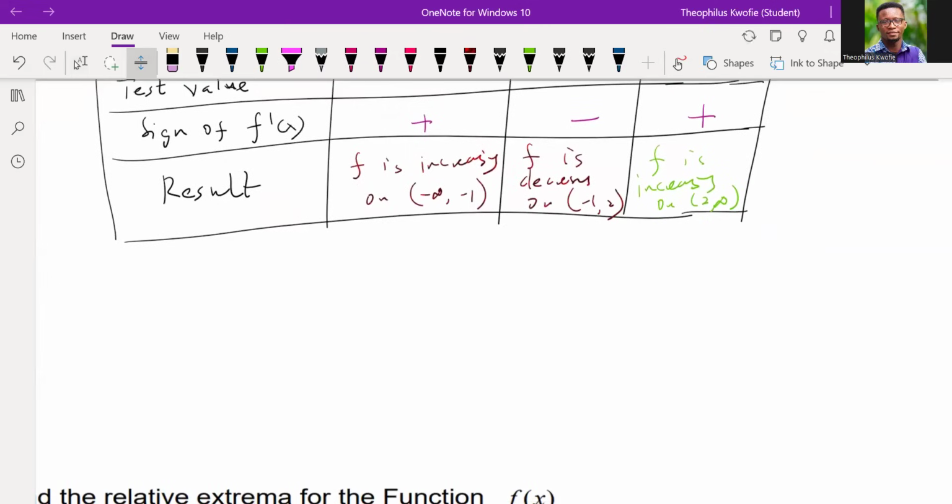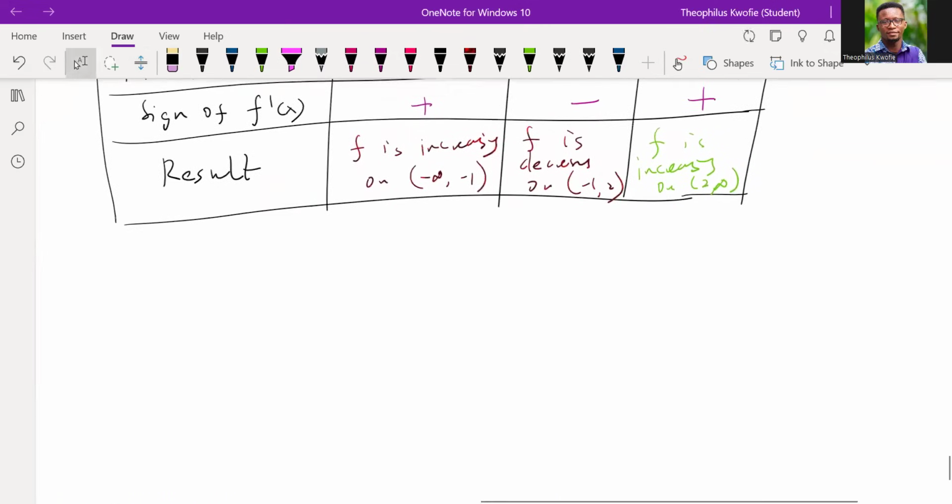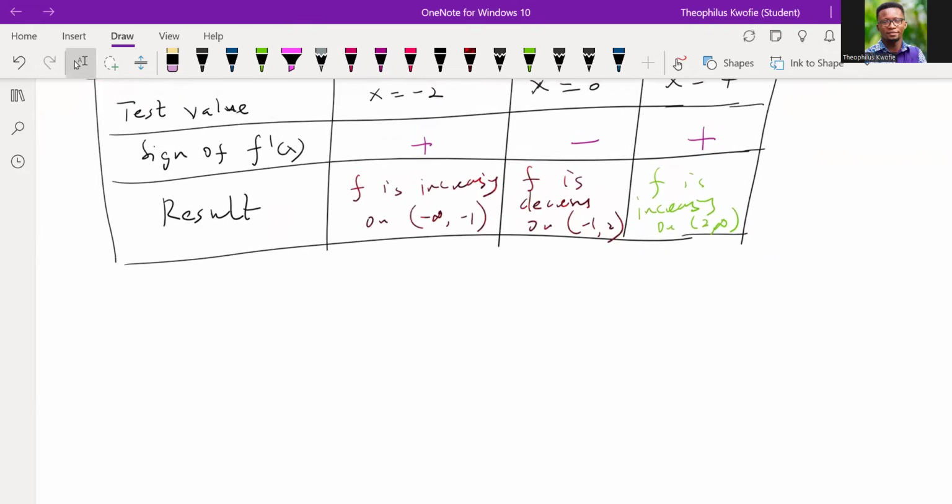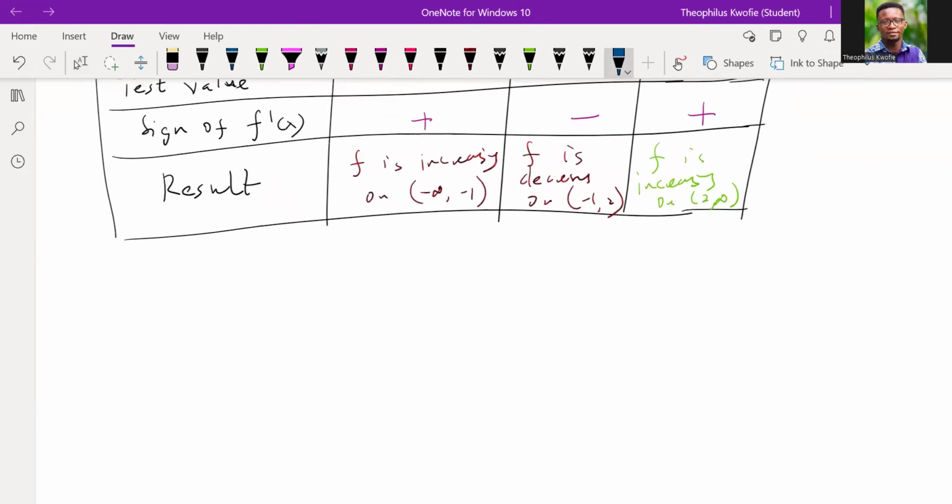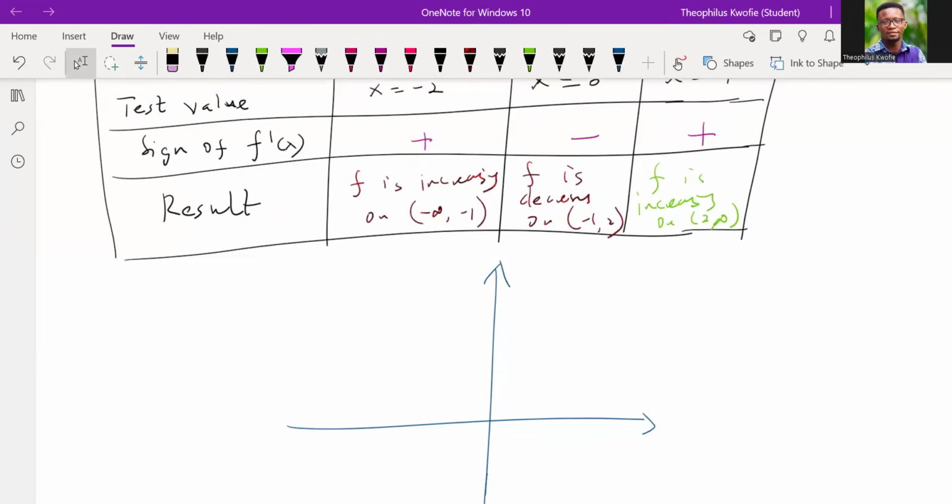Now we know where it is increasing and where it is decreasing, so it is easy to draw the graph. By looking at the sign of f prime of x, it is easy to know that. If it is increasing, it just means that it's going up like this.